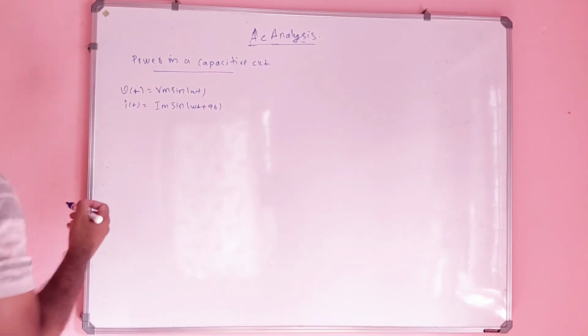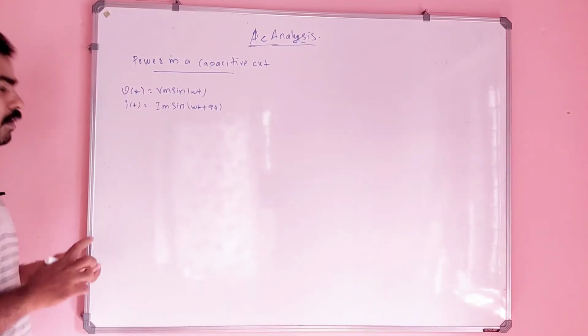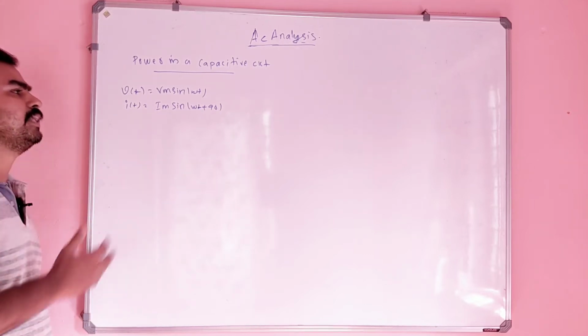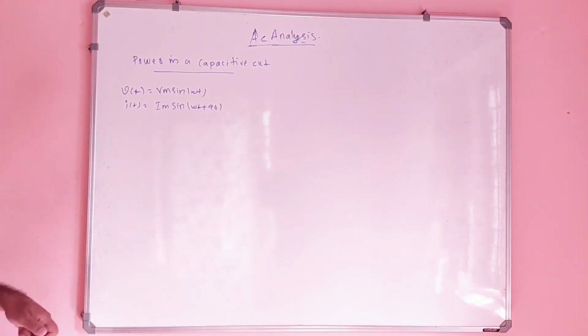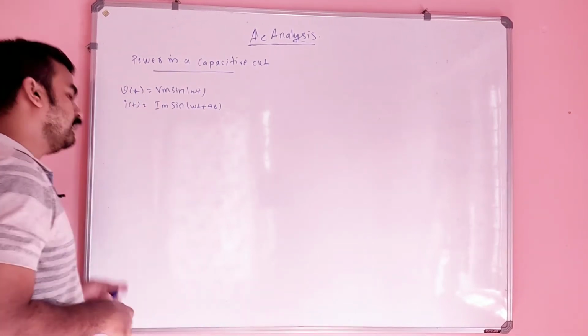That means current is leading the voltage by an angle 90. That was the capacitive circuit, right? We already derived that in a pure capacitive circuit, the current is leading the voltage by an angle 90 degrees.